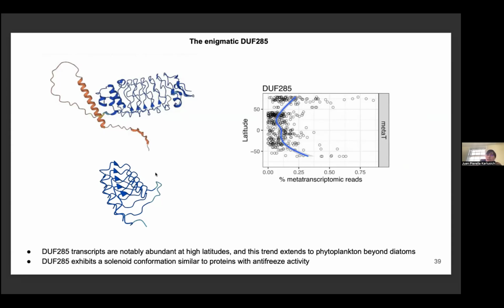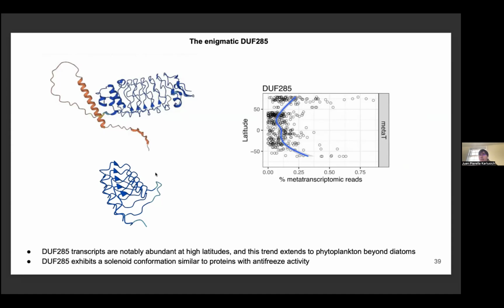So both issues, the predicted protein conformation and the prevalence in high latitudes, allow us to raise the hypothesis that this protein can be related to an adaptation to low temperatures.